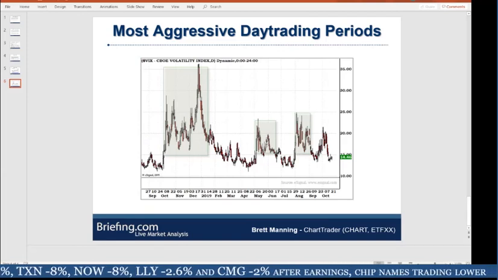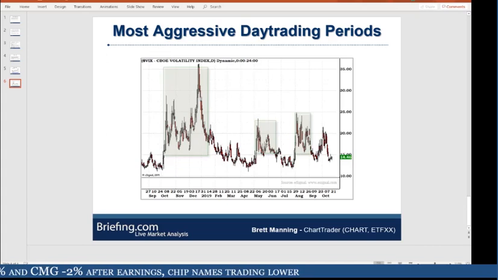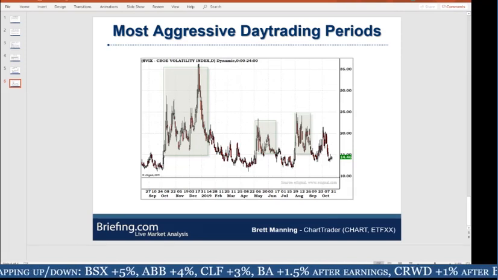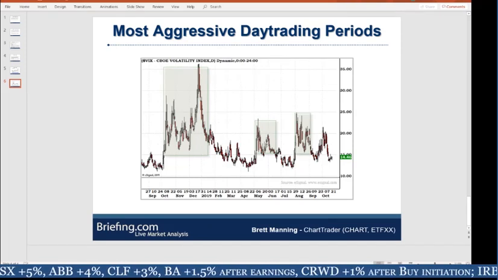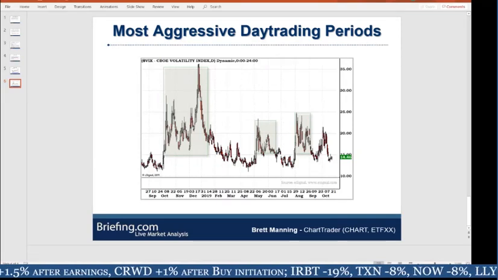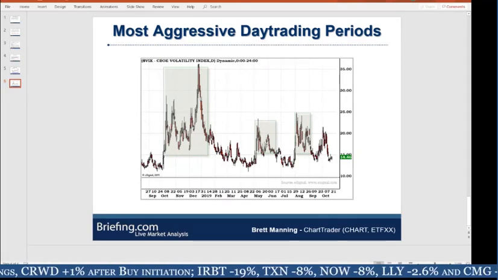So this gives you a sense of the types of periods that are the most dramatically successful for intraday trading. And you can see, obviously, October through early January was just an extraordinarily special time. And in late April, early May, and into June, and throughout that period of positioning for the gold trade, there were a lot of intraday opportunities. That was a tremendously successful period.